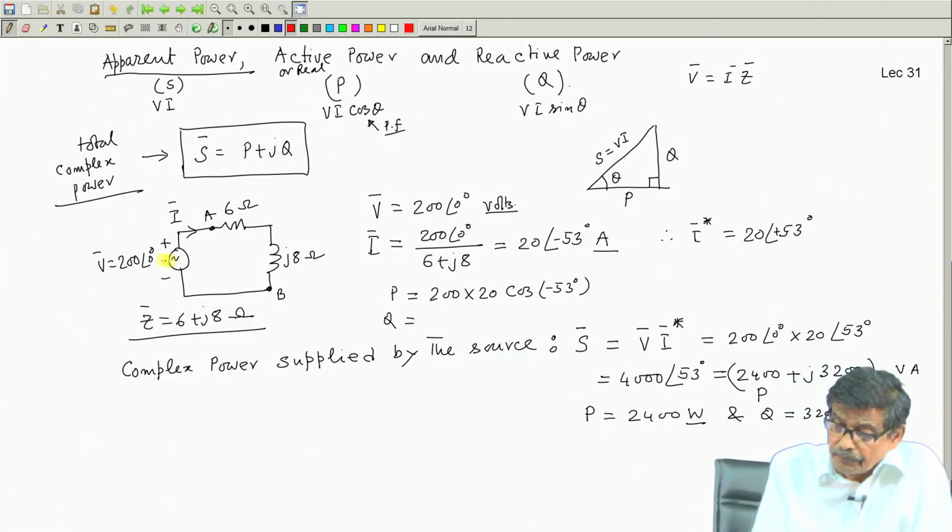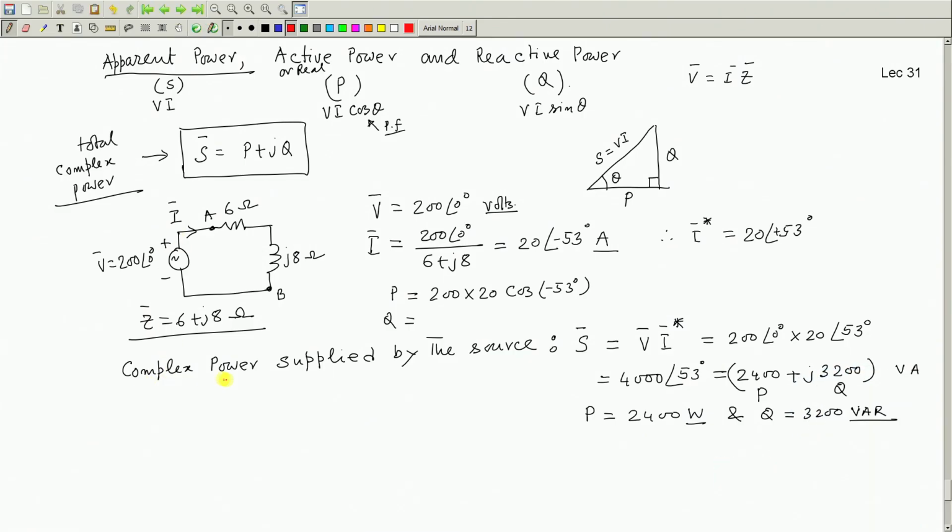So, what I wrote, power delivered by the source is this much real power, and this much reactive power. Similarly, I will write complex power absorbed by the load.